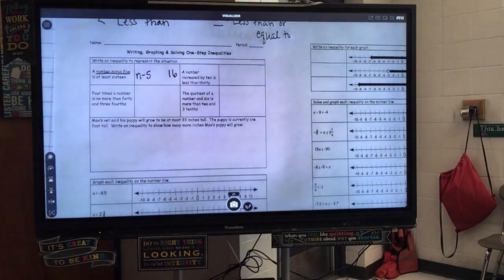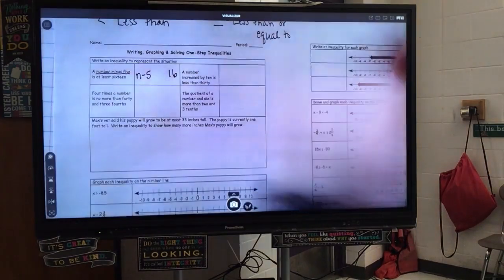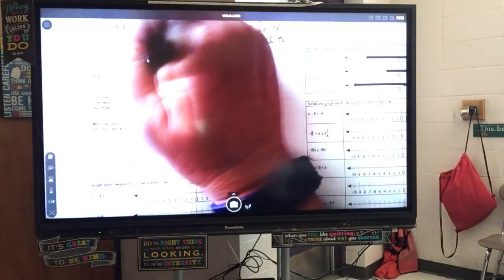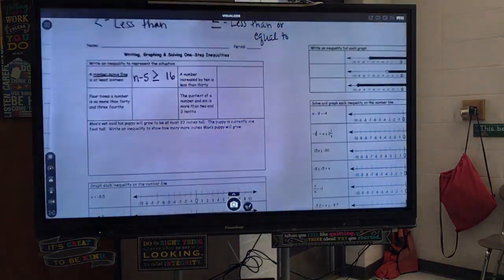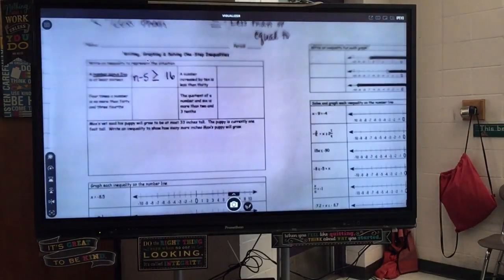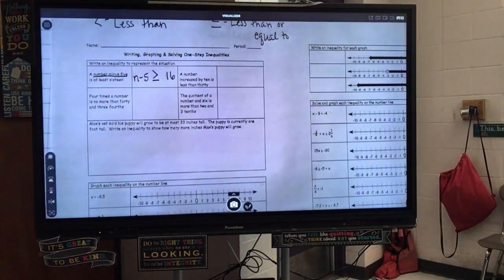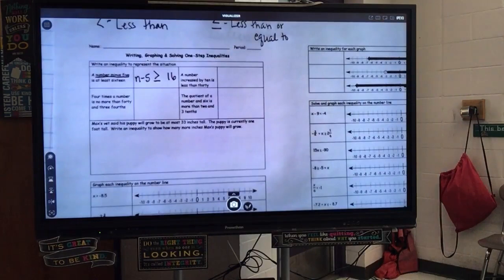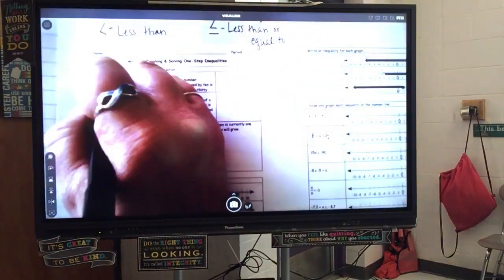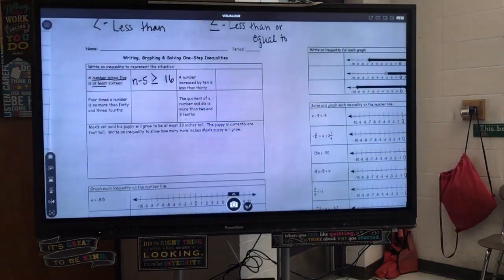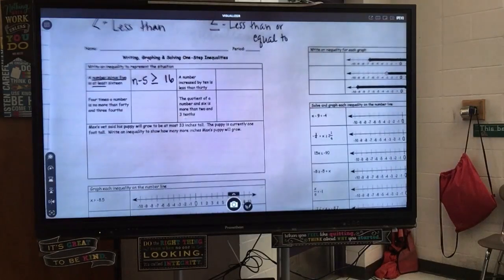Ethan, get it together, child. All right, so we're all agreeing that it is greater than or equal to. Why did we pick this one? Jackson. Because if it has to be at least 16, either it's going to be exactly 16 or greater than 16. Okay, so keywords: at least 16.